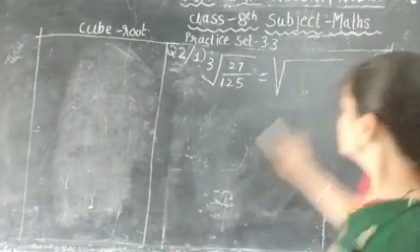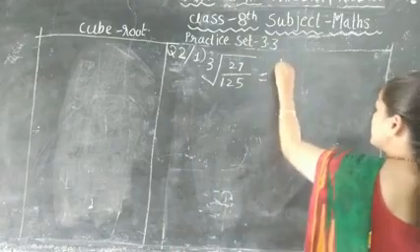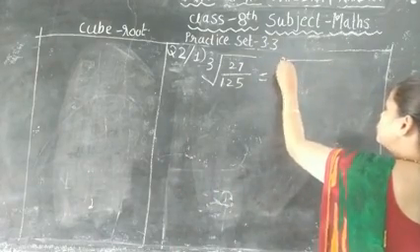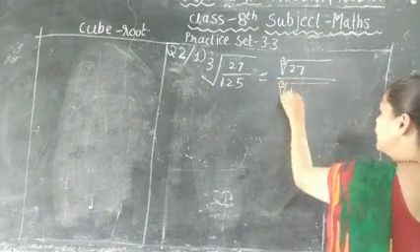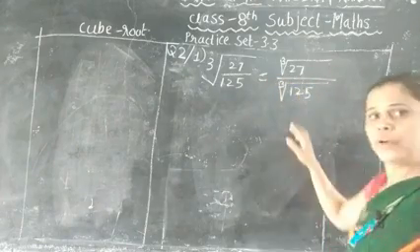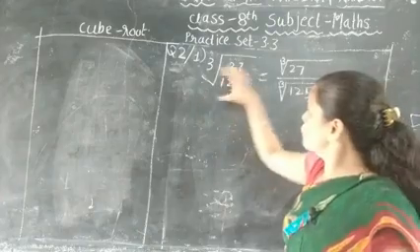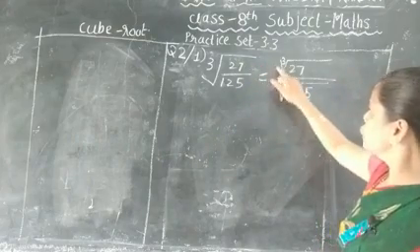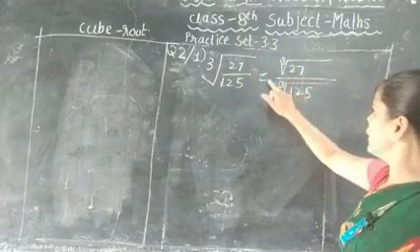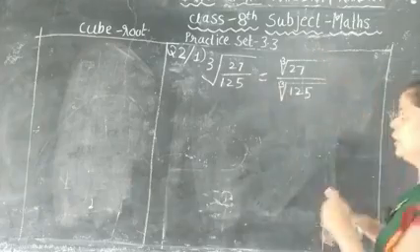You can write this number separately as cube root of 27 divided by cube root of 125, using a law of indices.